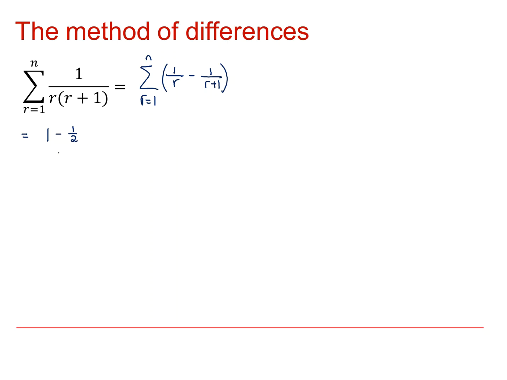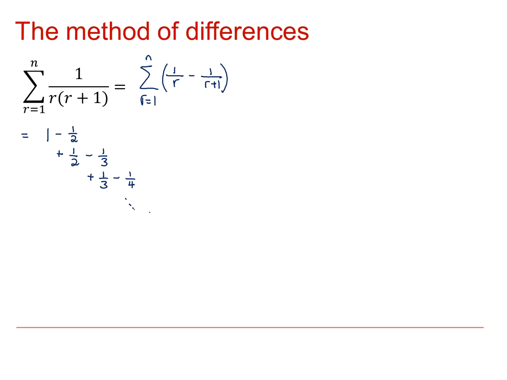When r is 2, I've got 1 over 2, take away 1 over 3. When r is 3, I've got 1 over 3, take away 1 over 4. And so on. We'll do the last couple of terms as well.